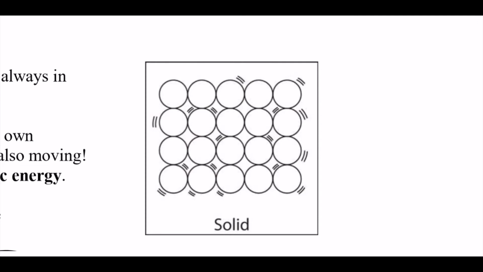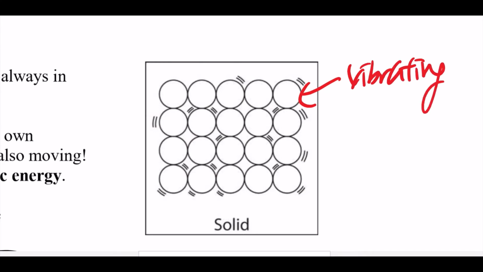For example, particles in a solid are vibrating about fixed positions. The fact that they're vibrating or moving means that they possess some form of kinetic energy, because they're moving.